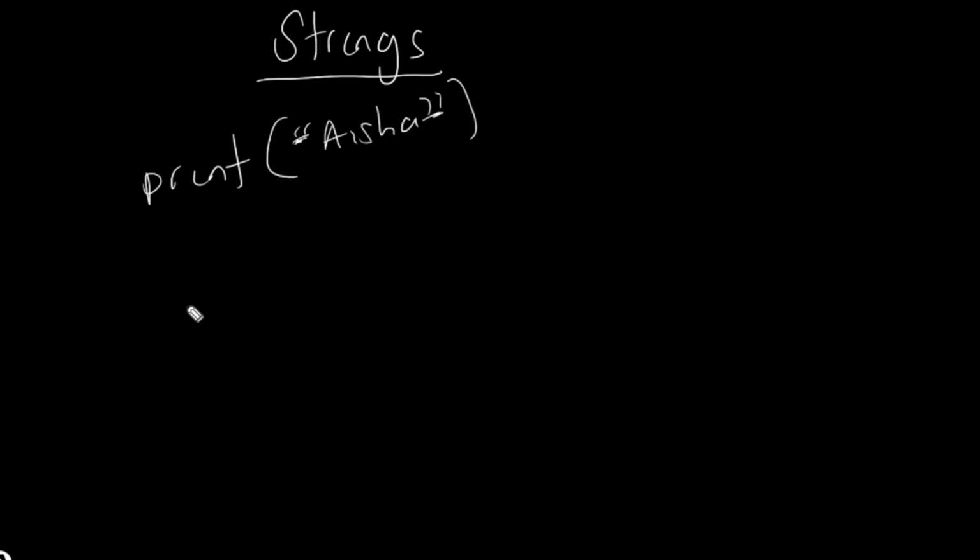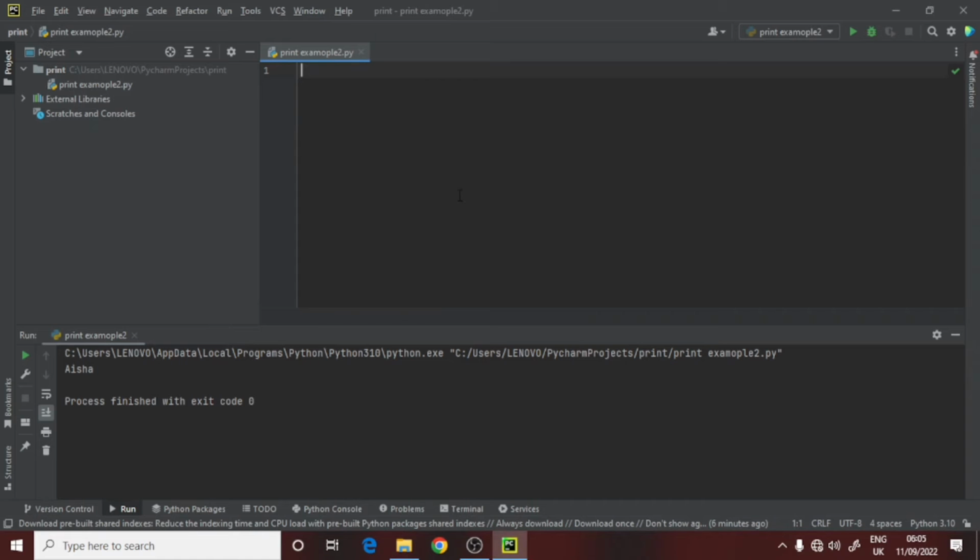So let's dive into PyCharm. With the print function, you can print someone's name in quotes. So let's print Aisha. Running this, you get Aisha on the console. That's the power of strings.